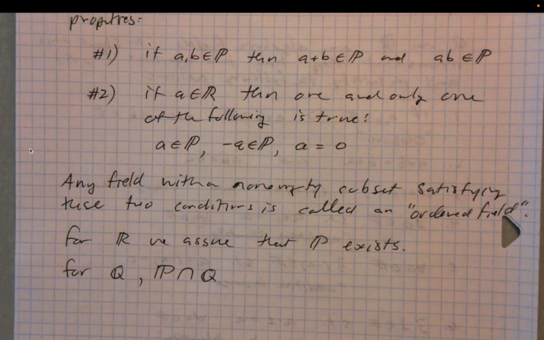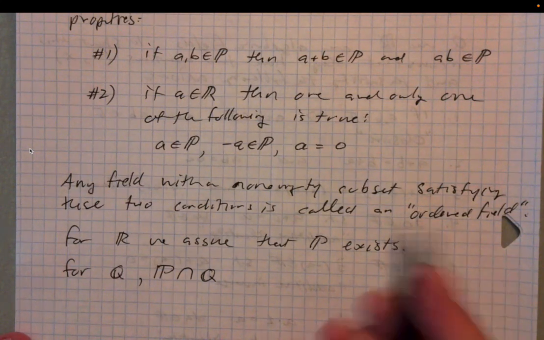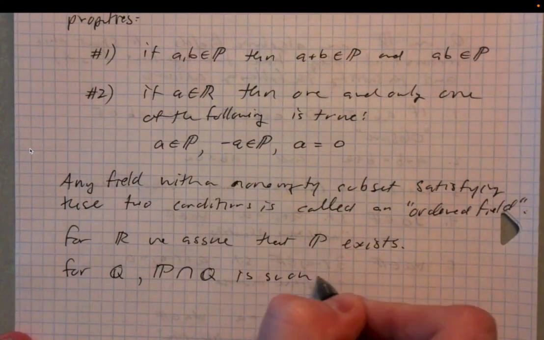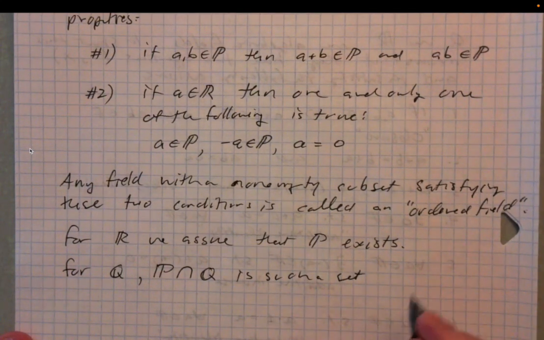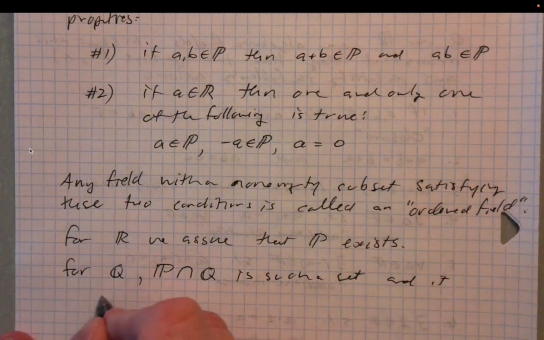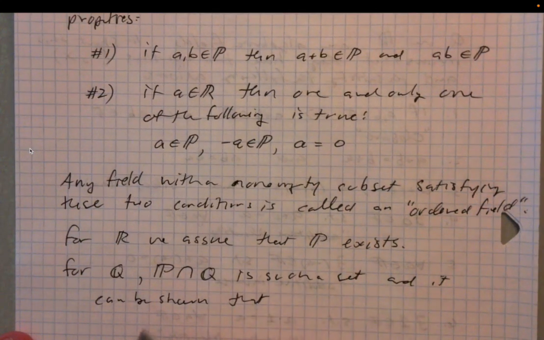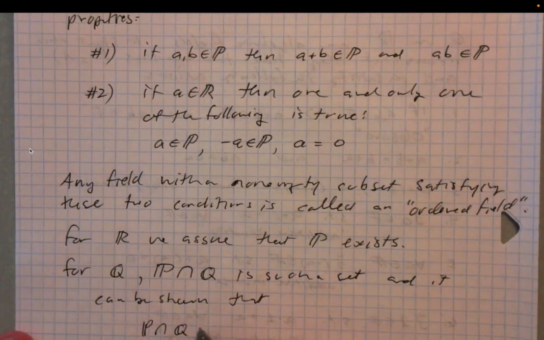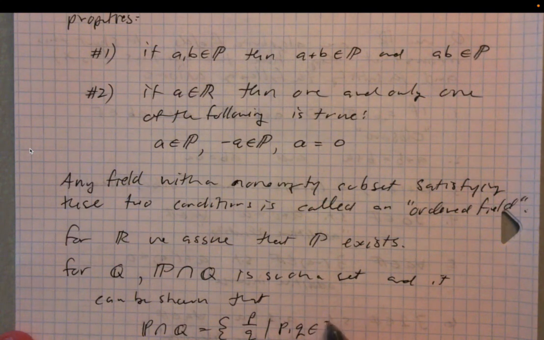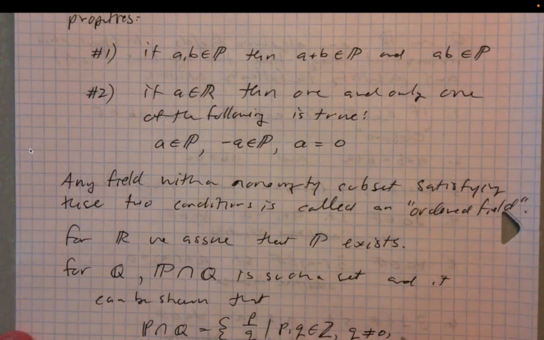So for Q, P intersect Q is such a set, and it can be shown that P intersect Q is equal to p over q, such that p and q are integers, q is non-zero, of course, and p times q is a natural number.